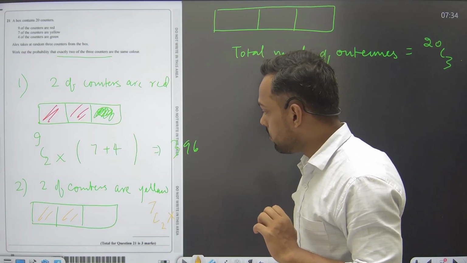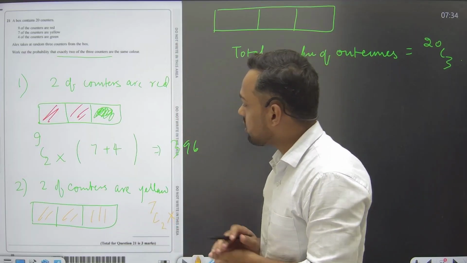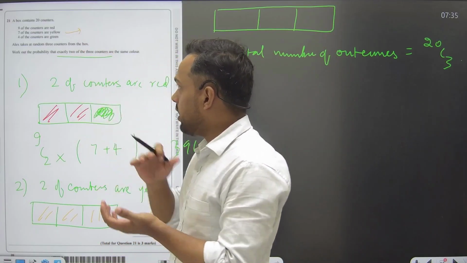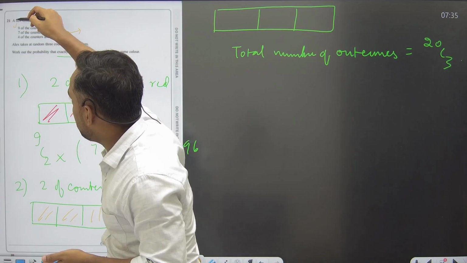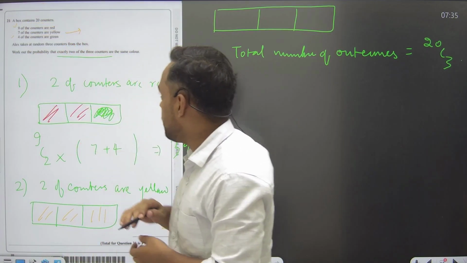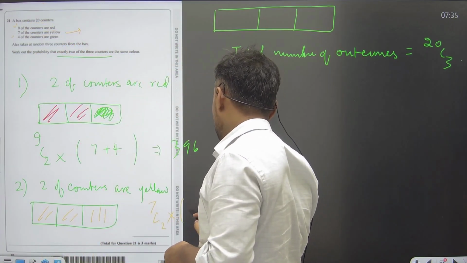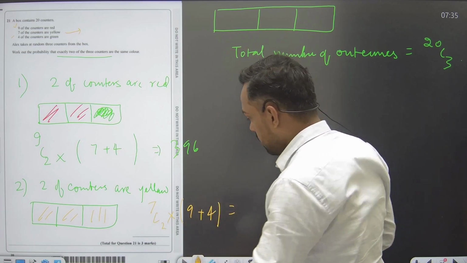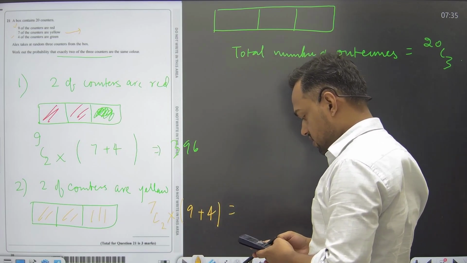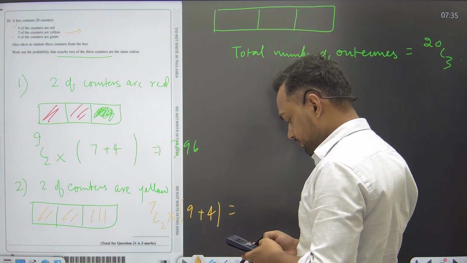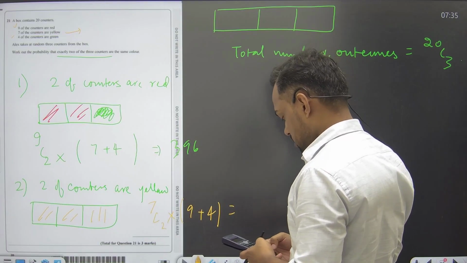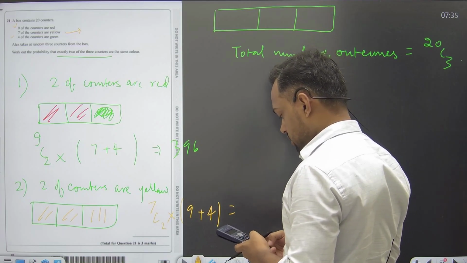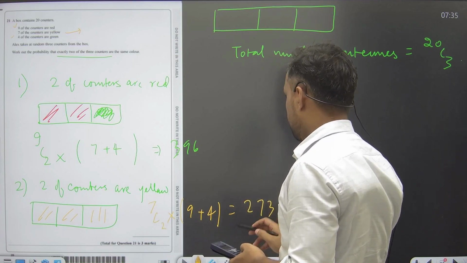Now for this box, what are the number of ways possible? Yellow is already done, so 9 remain in red and 4 in green, so it will be 9 plus 4. So it will be 7C2 cross 13, which equals 273.